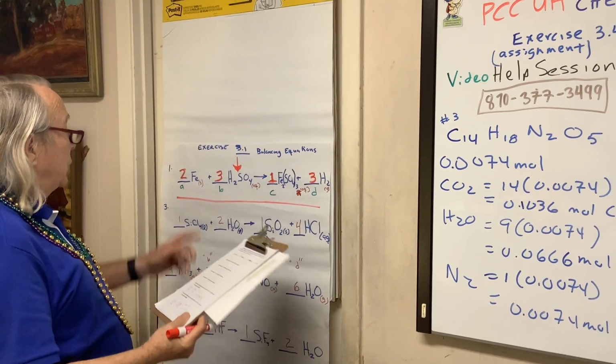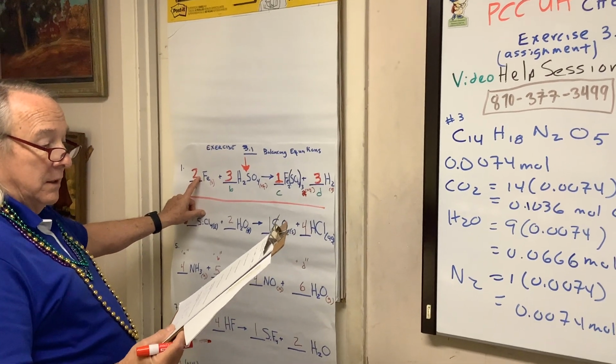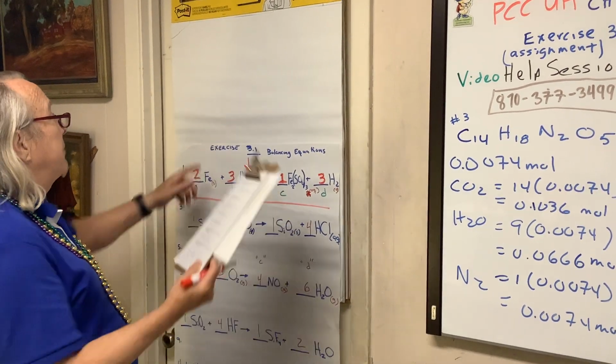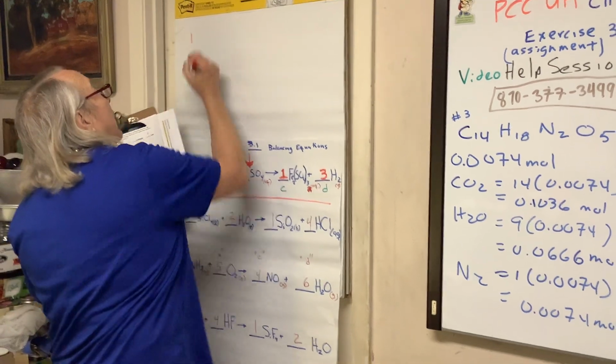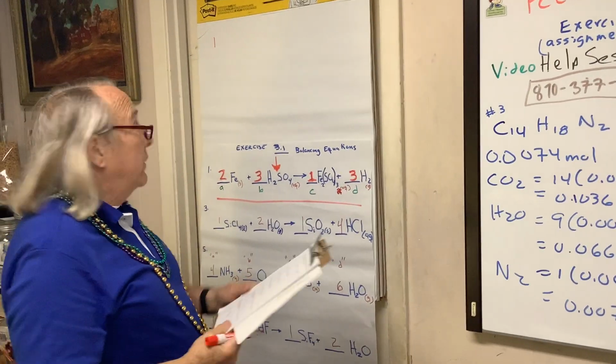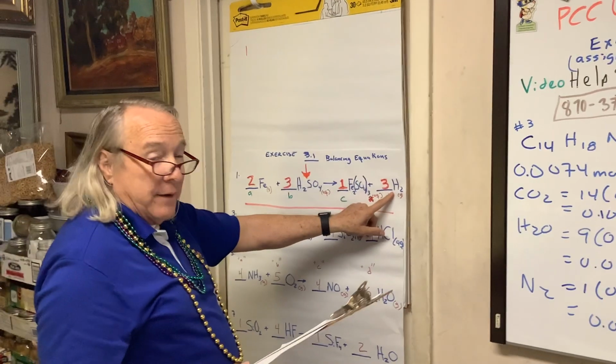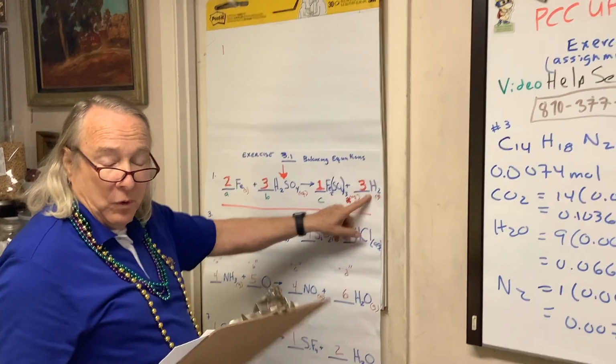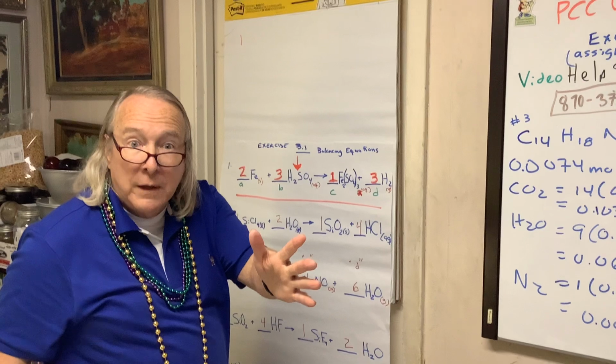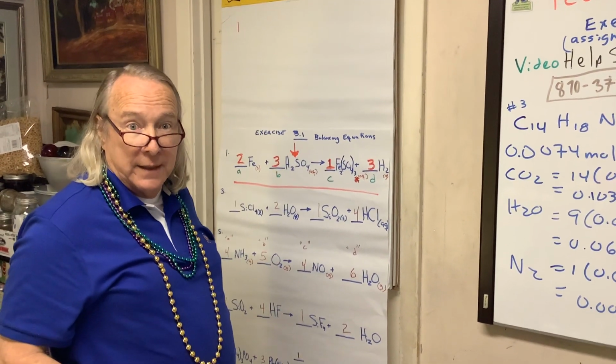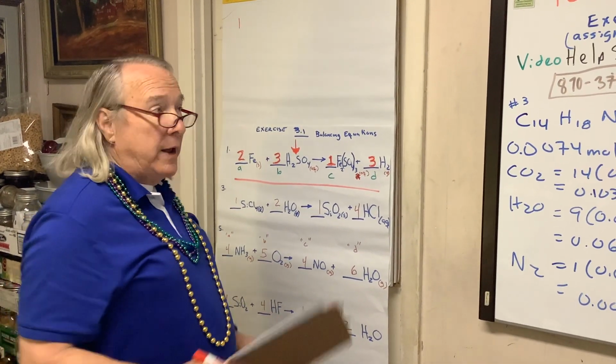Now, instead of 2 moles of iron, this asks what would happen if I had 1 mole of iron. Well, that's half as much, so I'd produce half as much hydrogen gas, or 1.5 moles. That's great if you can think like that and think that fast. Let's do it the right way.